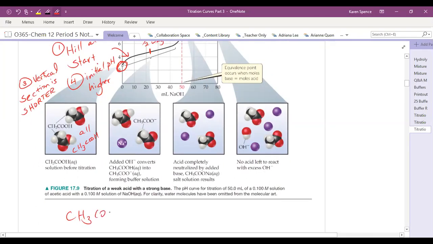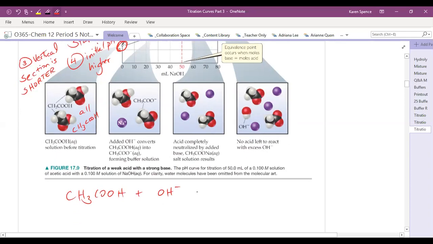What does that reaction look like? CH3COOH plus OH minus. We're just going to do the net ionic here. I'm going to leave out the sodium, that's a spectator ion. Is this a one-way or a two-way arrow when we have that neutralization?